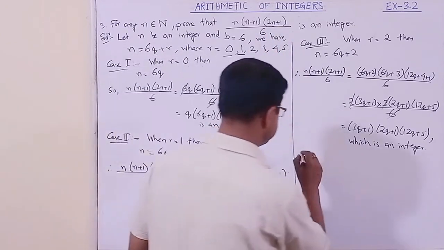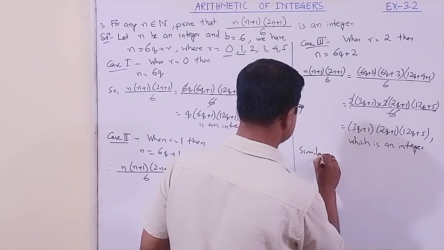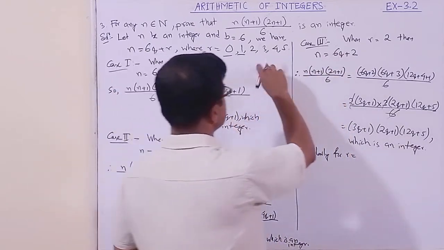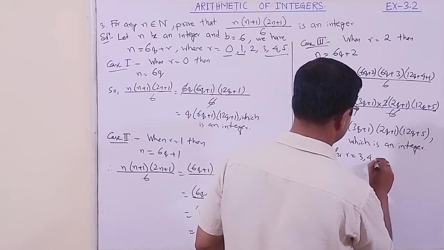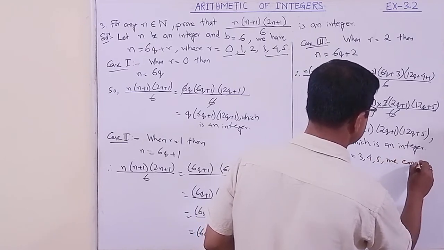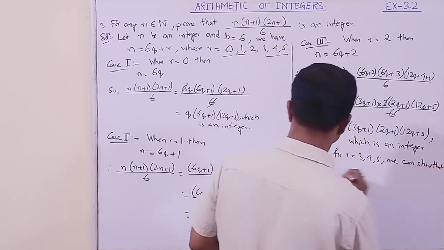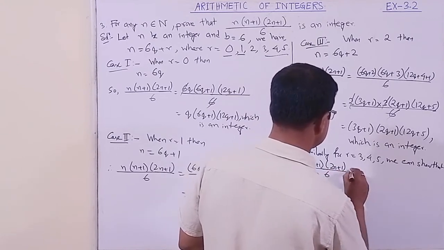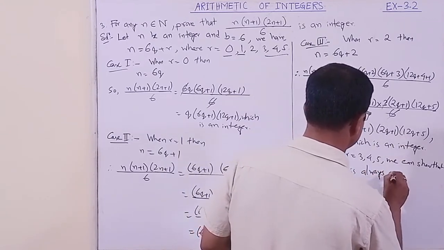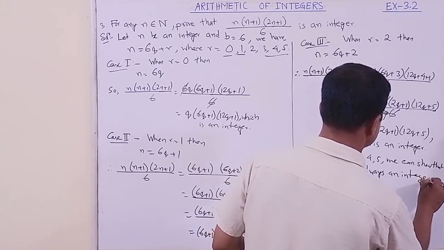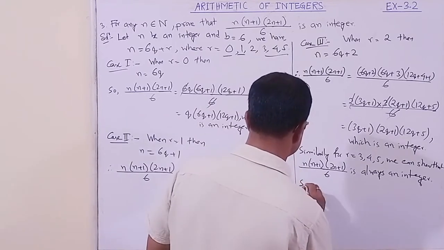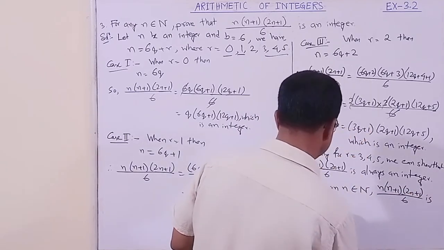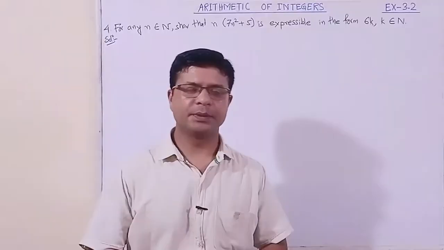So let us write similarly, for r equal to 3, 4, 5 we can show that n(n+1)(2n+1)/6 is always an integer. Got it?